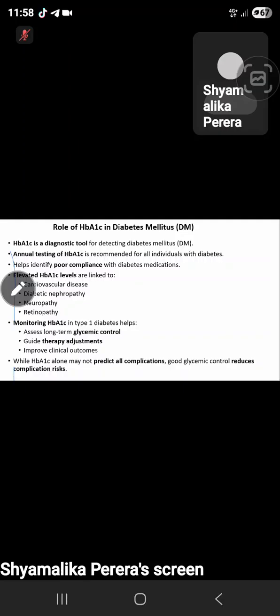So HbA1c in diabetes is a costly tool, and annual testing of HbA1c is recommended for all individuals with diabetes, because if you have normal fasting blood sugar values with altered HbA1c levels, that means you are not in compliance.